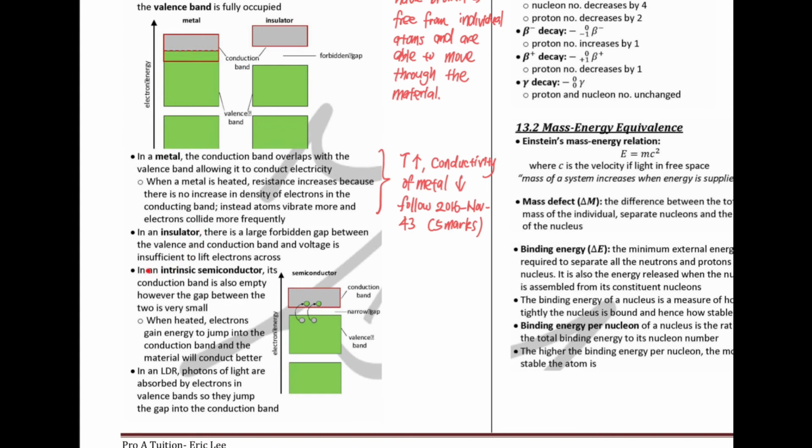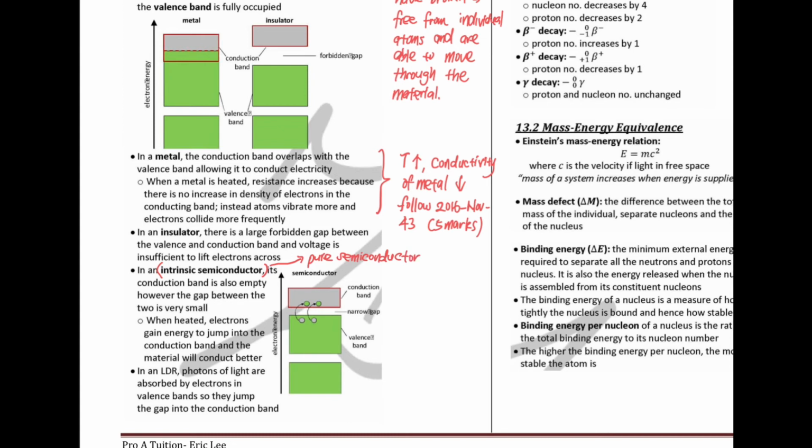Now we have this in an intrinsic semiconductor. So this one I explain a bit first. We have 2 types of semiconductor. One is intrinsic and the other one is extrinsic. Intrinsic means pure semiconductor. Extrinsic means they are not pure.